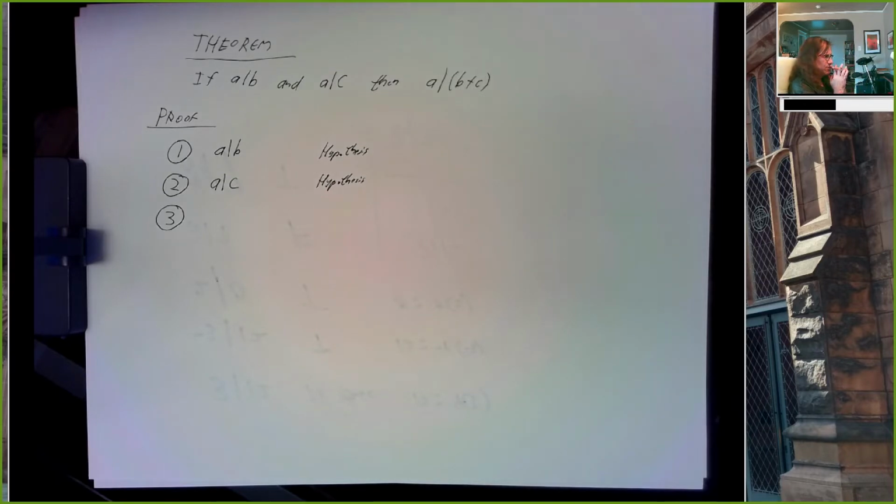And in the end, there's really only one thing we can do. Other than, you know, write poetry or something. We could negate the conclusion if we wanted to do an indirect proof. That will actually end up being a pretty hard way to do this.